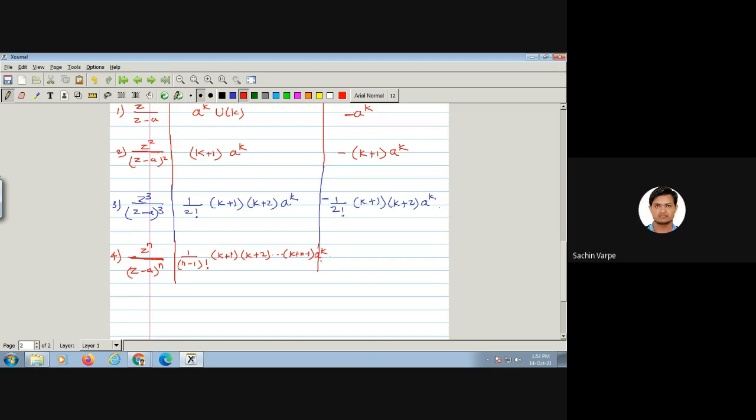Into a raised to k, and the negative will be in this region. The same quantity with the negative sign, that is minus 1 by n minus 1 factorial, k plus 1, k plus 2, and so on. The product goes to k plus n minus 1. Okay, because you can see for 3 how far we are taking the product, up to k plus 2, and it is 3 minus 1 factorial. Right?